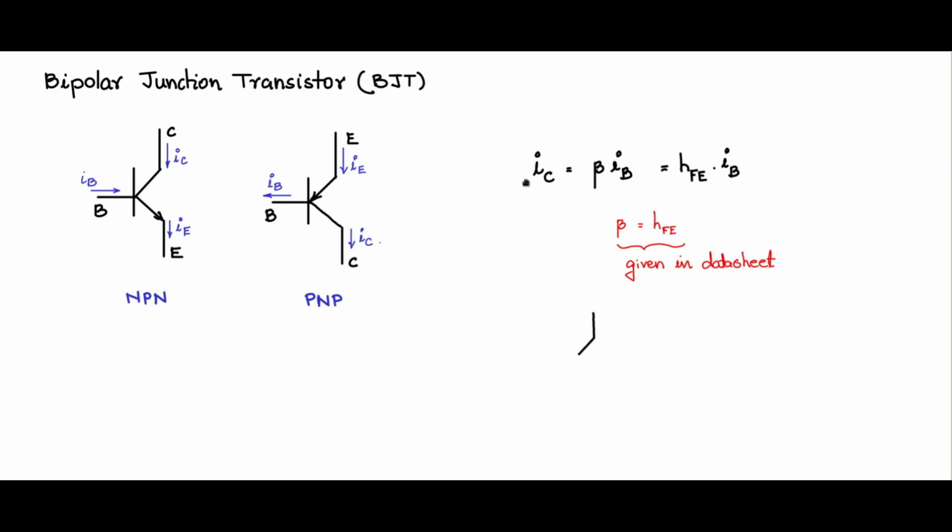Now, using this relationship, we can draw a simple equivalent circuit for the BJT in this fashion. Let me put this rhombus shaped thing as a controlled current source, and there is this junction, there is a resistance, the base spreading resistance, and a diode there.